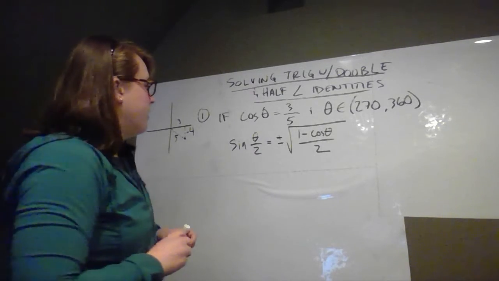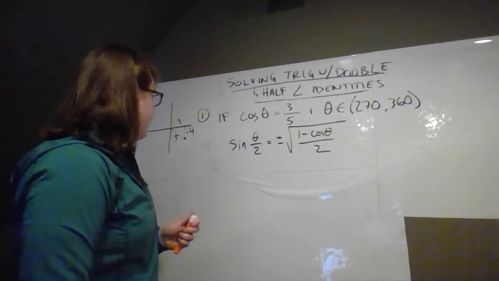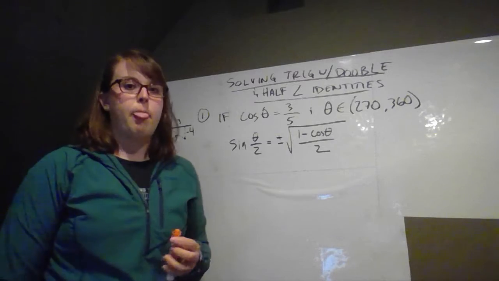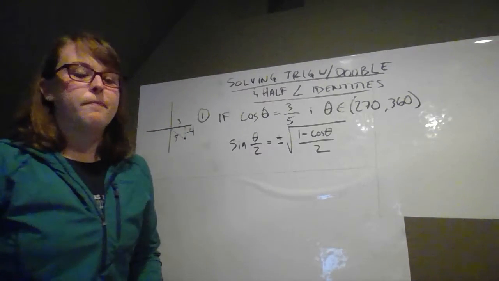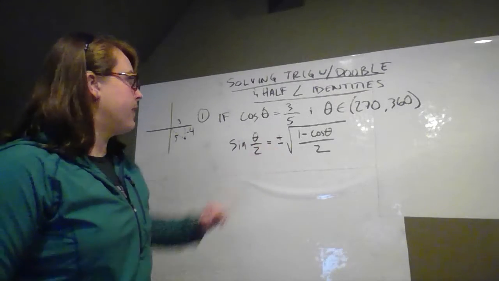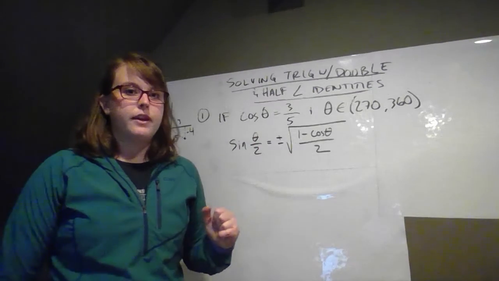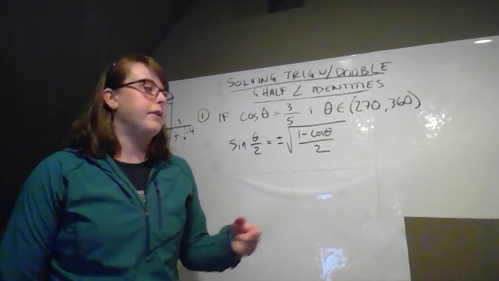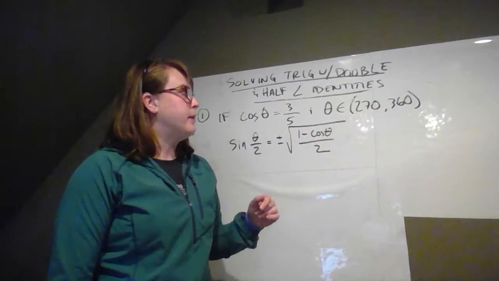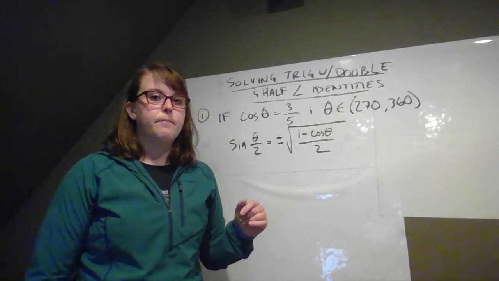Okay, so I know what cosine is. The only thing I have to figure out is, is it positive or negative, since we have plus or minus going on here. And for that, you kind of have to either know what the angle is that you're looking for, or you need to know the range of values. In this case, theta is between 270 and 360.